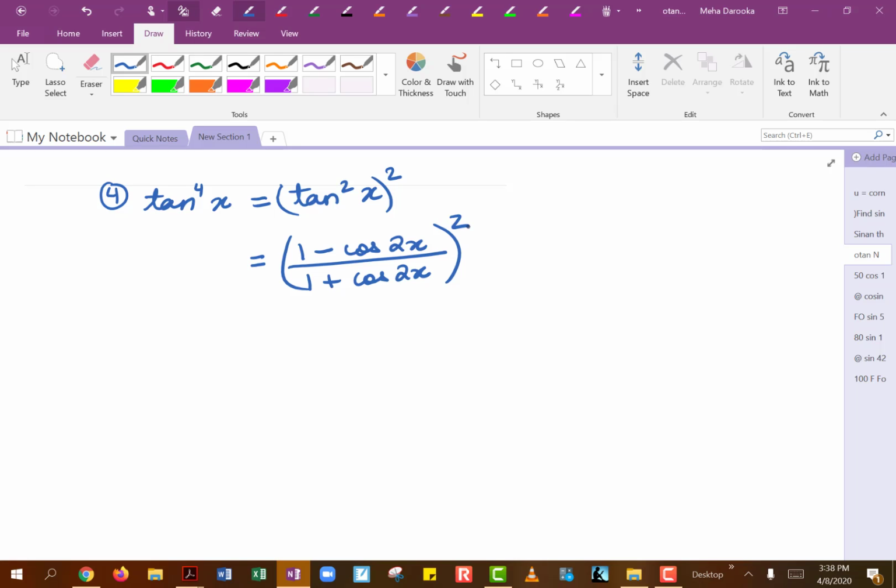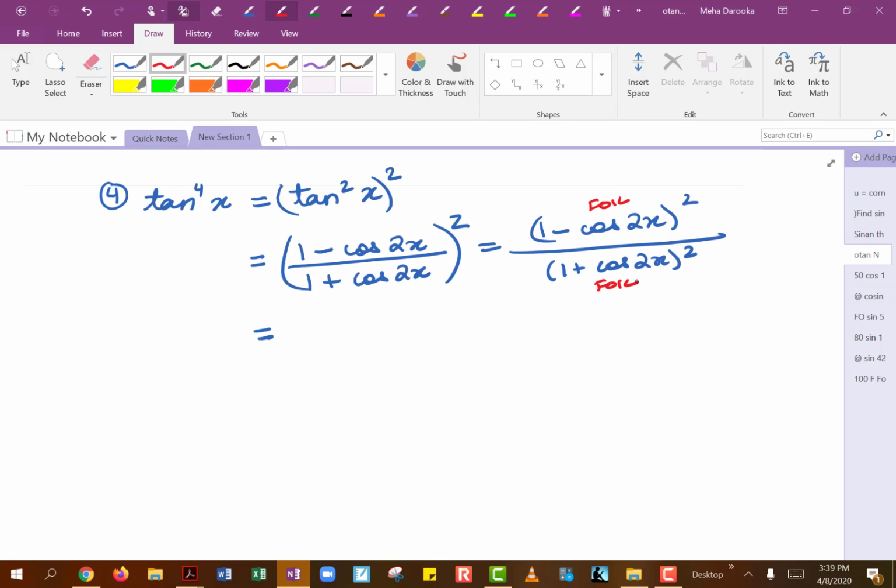Now we will need to use FOIL on both our numerator and denominator. It should be 1 minus cosine of 2x, raised to the second power, and same thing for the denominator. So you're going to do FOIL on both numerator and denominator. If you want to take a couple minutes and go ahead and do that, you can.